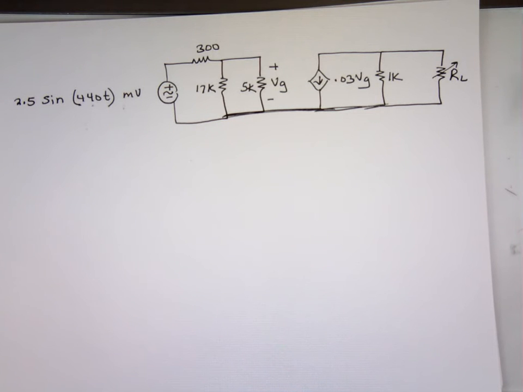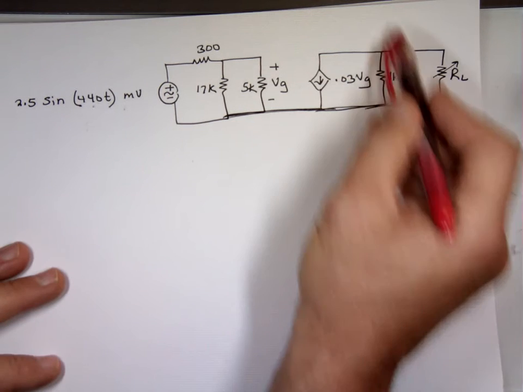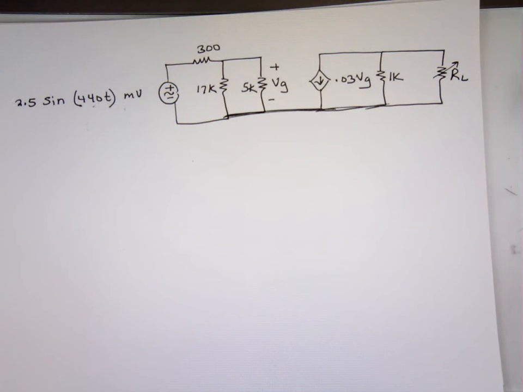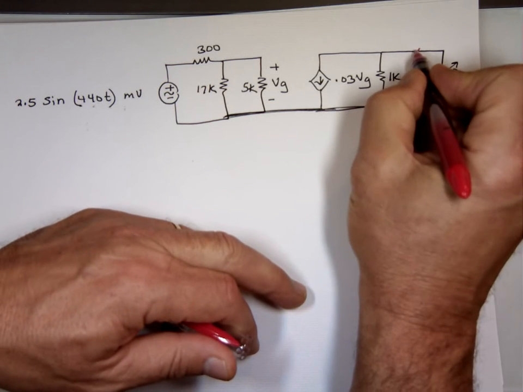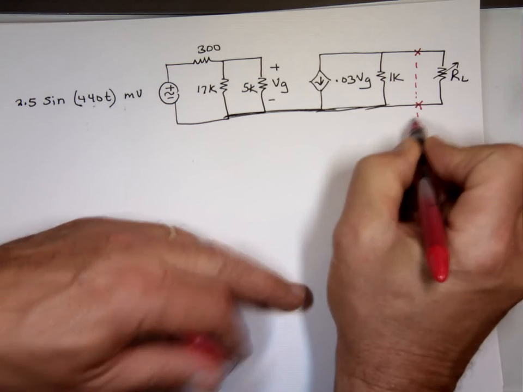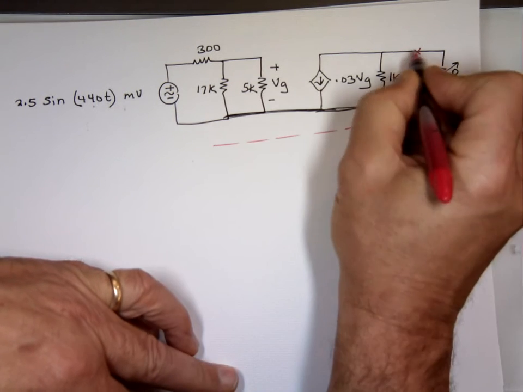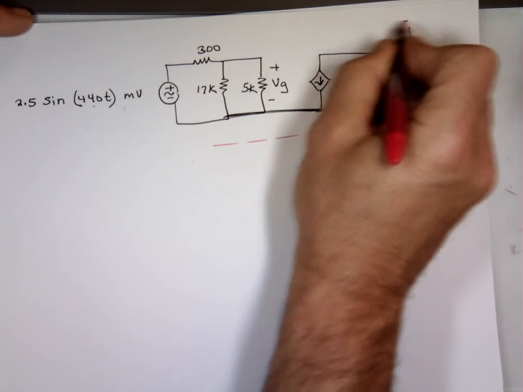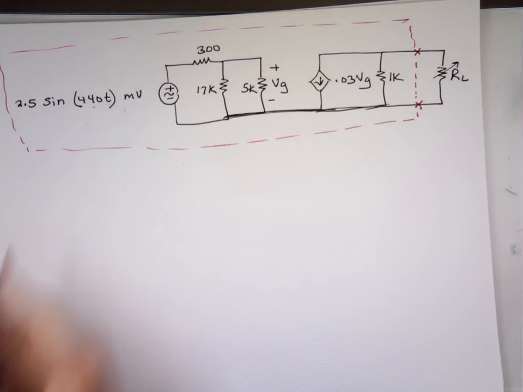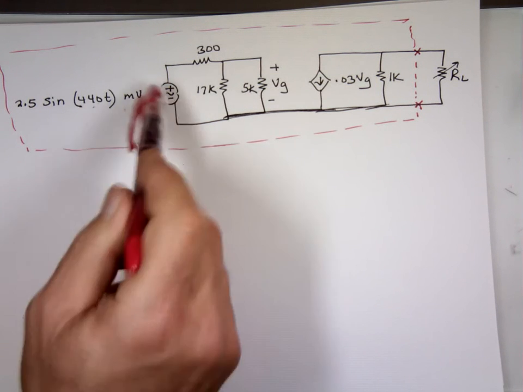Down the road, you'll learn about something called a transistor, NPN, PNP transistor. This is actually the equivalent of that transistor. We don't have to know that here. So we're going to cut this circuit here. We're going to Thevenize it. And notice you have independent and dependent sources.